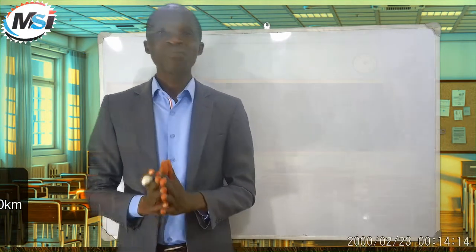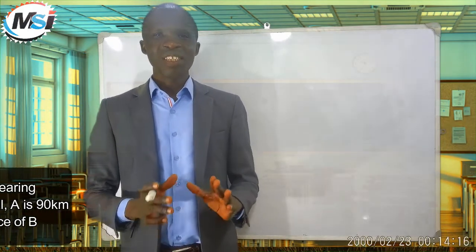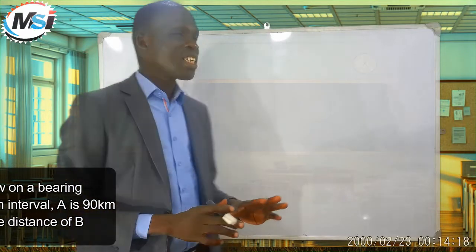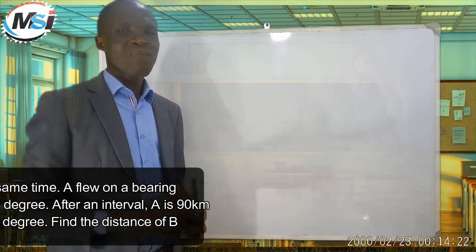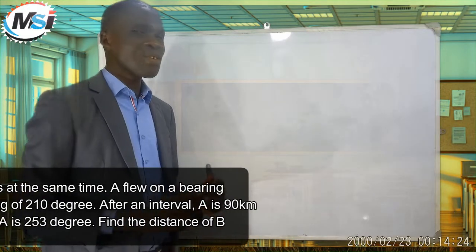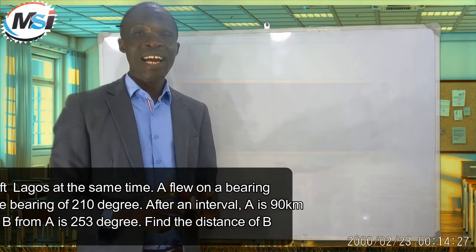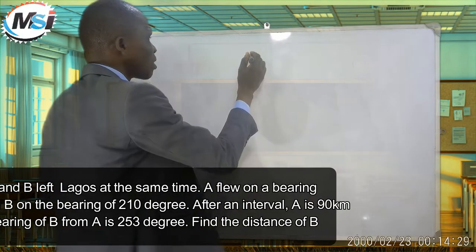Okay class, to interpret this question, let's start from the first statement. The first statement, you can see that we have 149 degrees. So we start from this side.